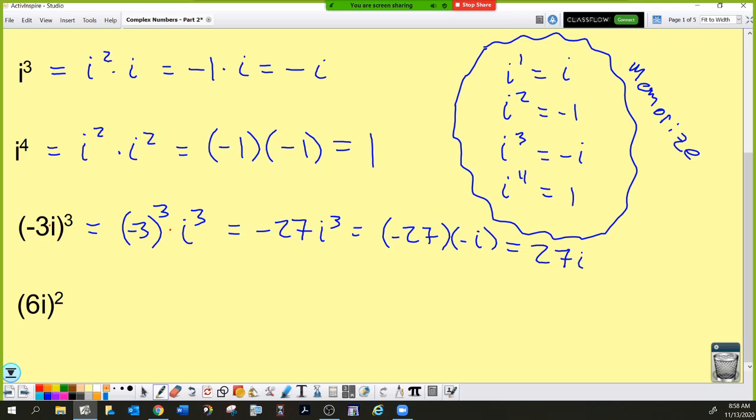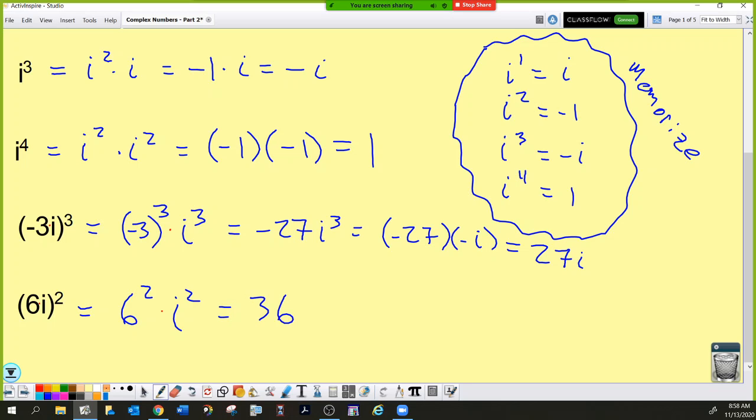Now 6i squared means 6i times 6i, but it also means 6 squared times i squared, because they're multiplied, and you can multiply anything in this world. It works like this. Well, what's 6 squared? 36.